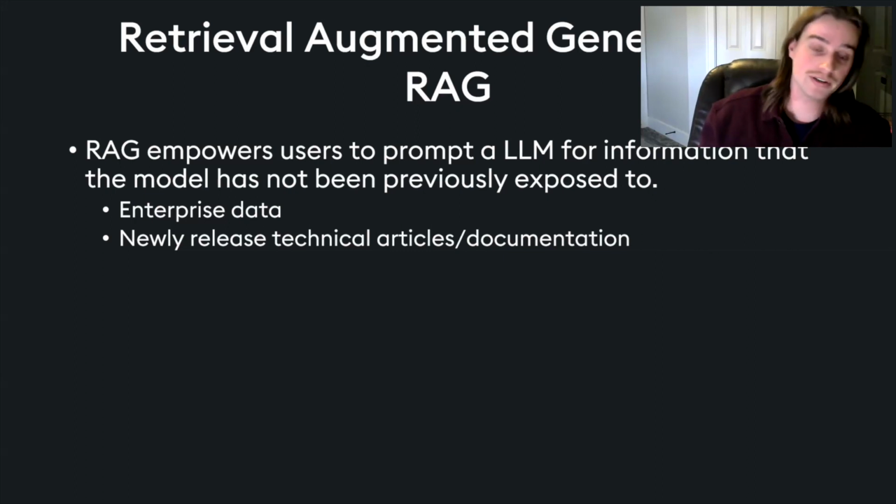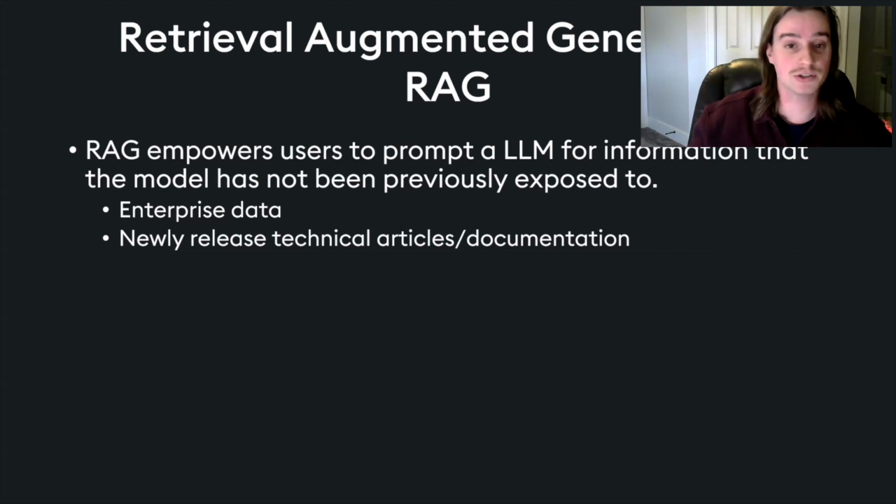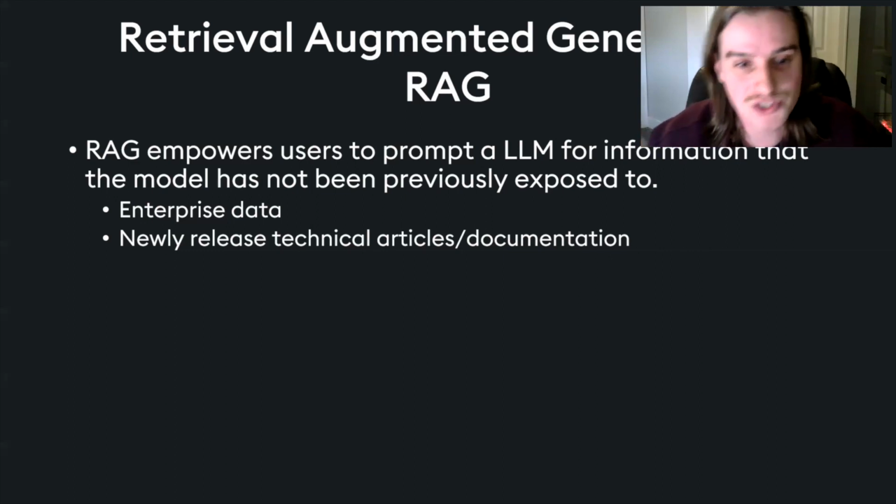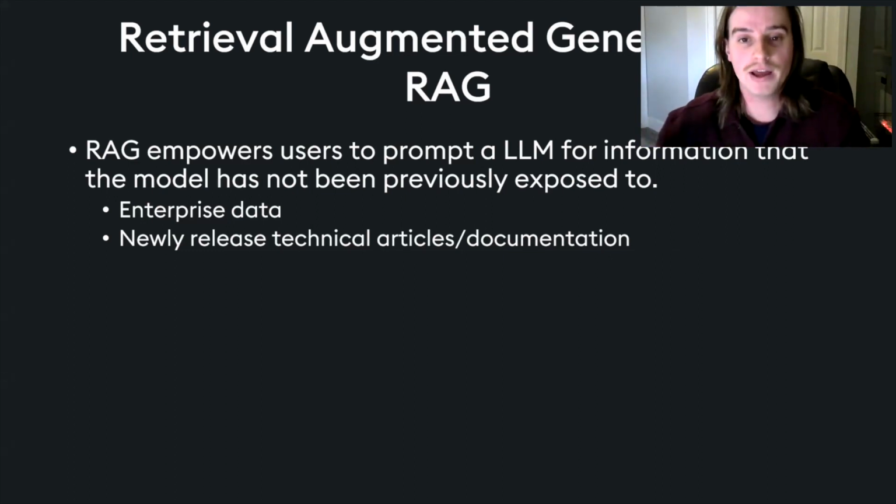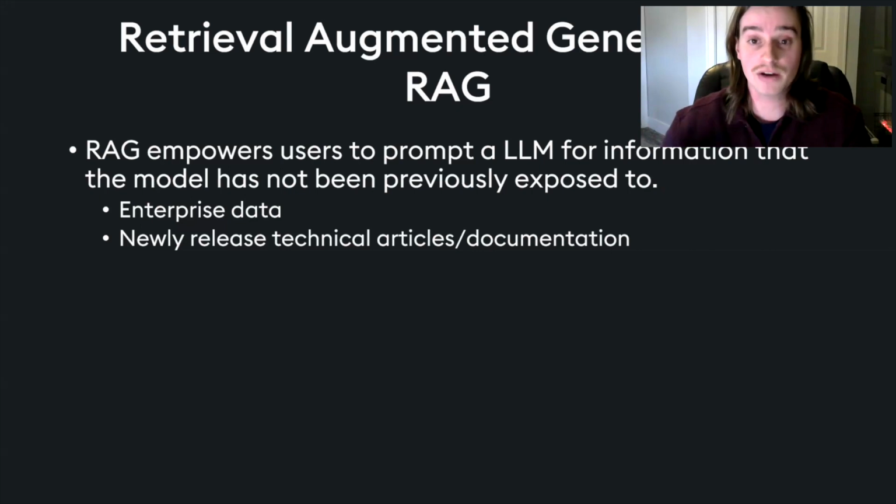They weren't trained on our enterprise's internal data. And we want to be able to use a large language model to answer questions about that data. But right now, these large language models are not able to do that. Models like ChatGPT, for example, are not going to be able to answer questions about your own personal data because they don't know anything about it. So RAG is a method that allows a large language model to answer questions about that type of data.